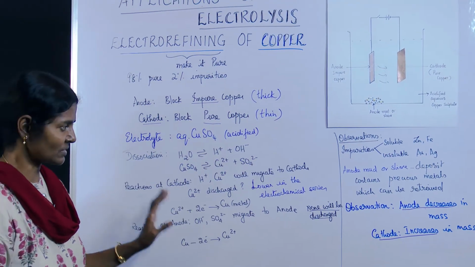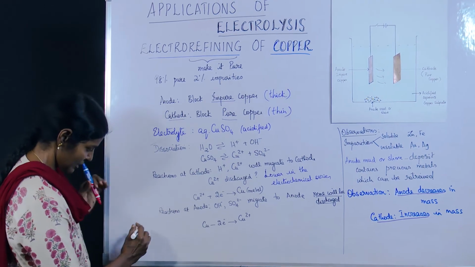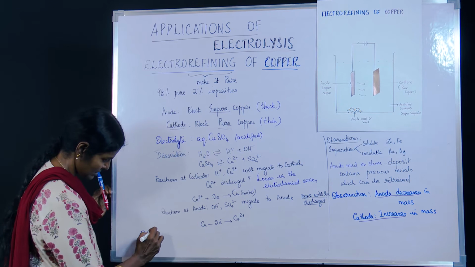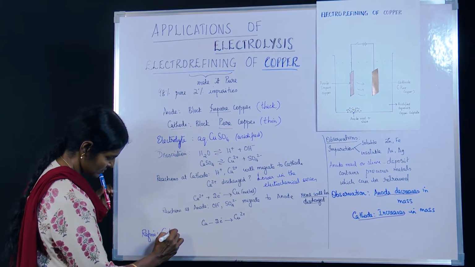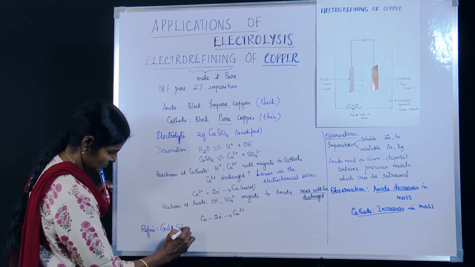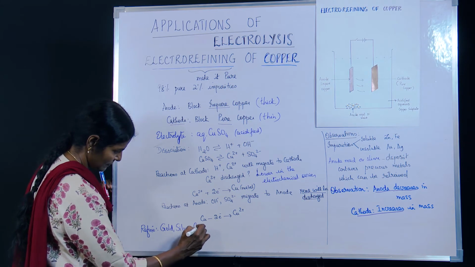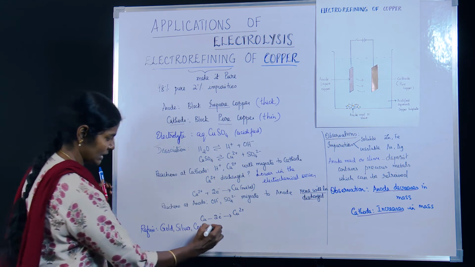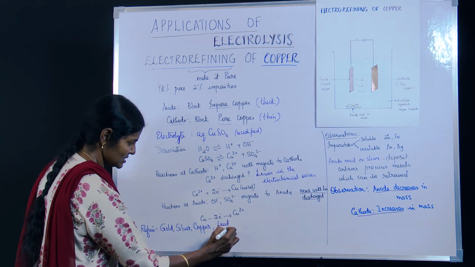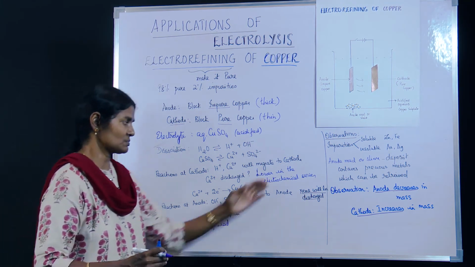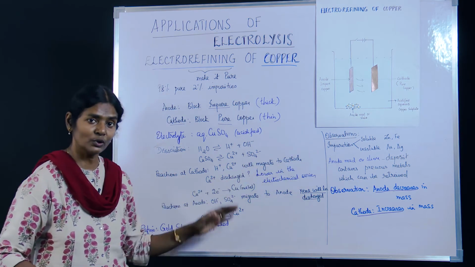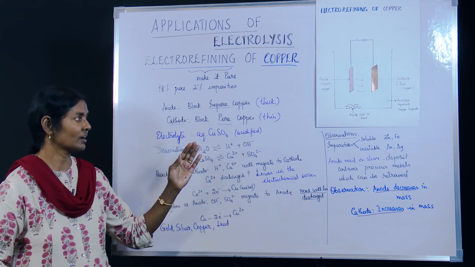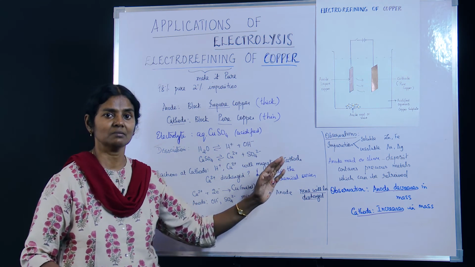This method is used to refine some of the metals like gold, silver, copper, etc. Even lead can be refined using this method, but we do not use it for highly reactive metals, because highly reactive metals are already extracted by metallurgy.